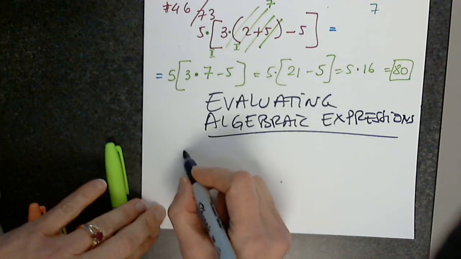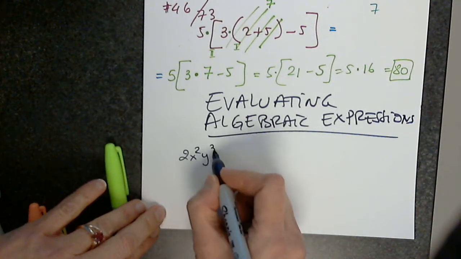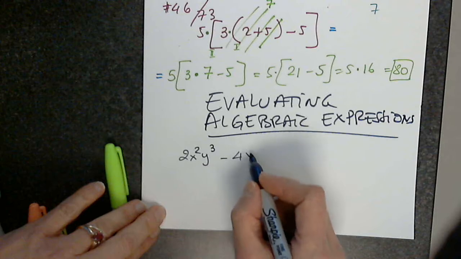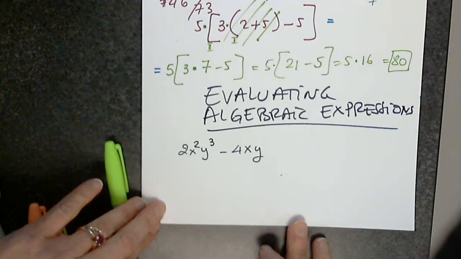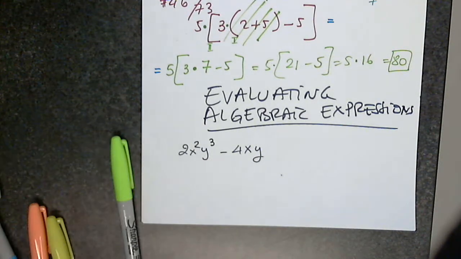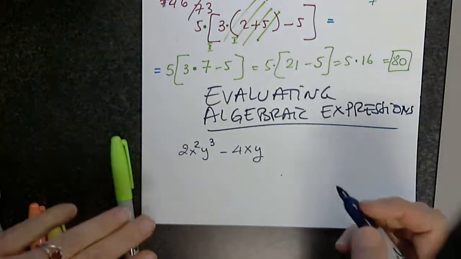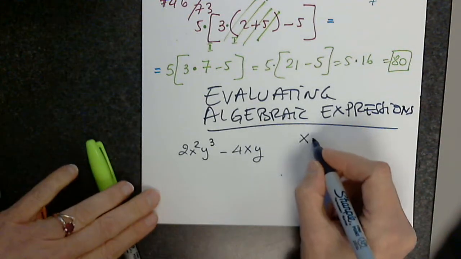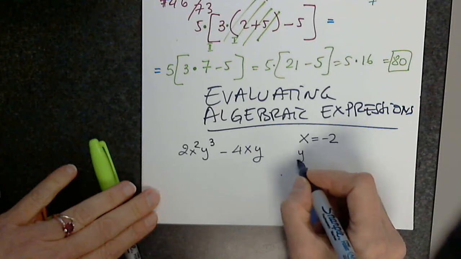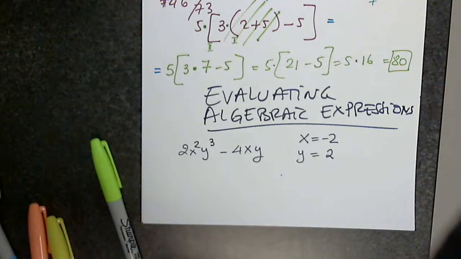So let's say I have 2x squared y cubed minus 4xy. This is an algebraic expression. It has numbers, it has operations, it has variables. It's an algebraic expression. I would like us to evaluate it for x equals negative 2 and y equals 2.